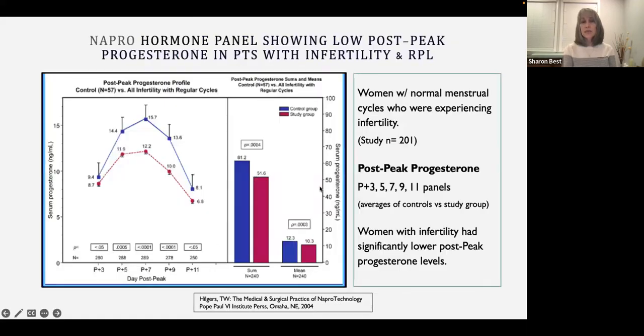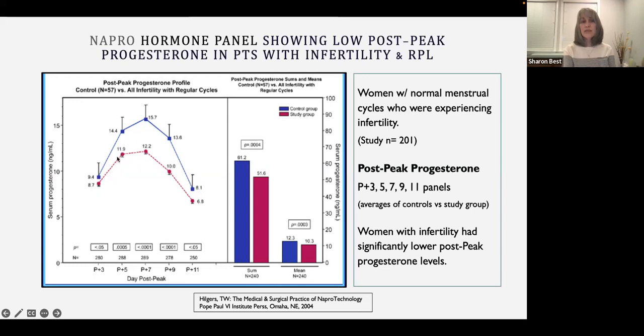Now we're just going to look at a graph. This was a study done at the Pope Paul VI Institute, published in 2004. There were 201 women in this study. They were women who were suffering from infertility and recurrent pregnancy loss. What you're seeing here is, in the blue line, the normal controls. In the red line, the women with infertility and recurrent pregnancy loss.